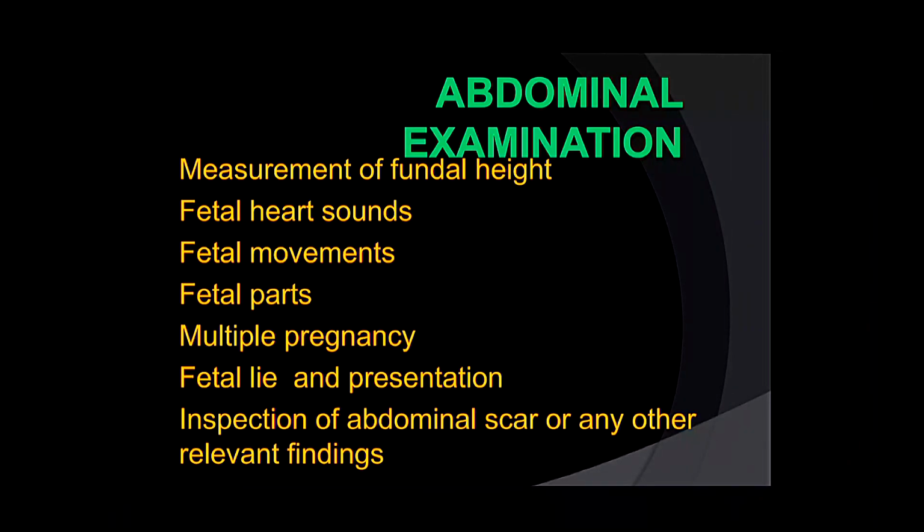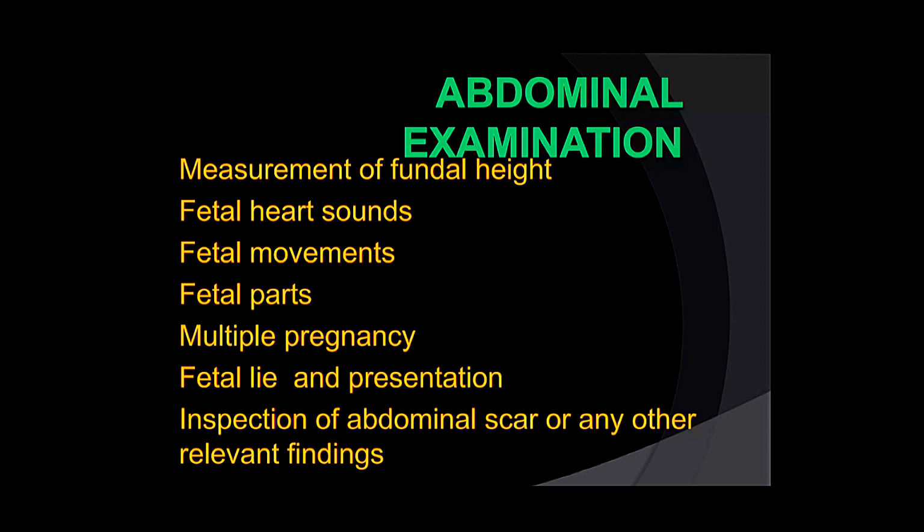Abdominal examination is also very important in each visit. It comprises measurement of fundal height, fetal heart sound, fetal movements, fetal parts identification, multiple pregnancy, fetal lie and presentation, inspection of abdominal scar or any other relevant findings.